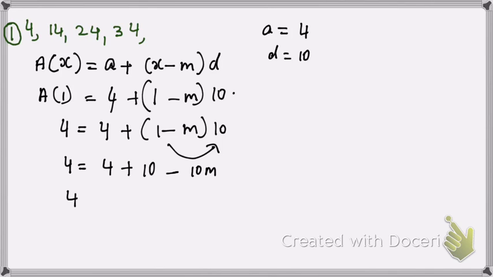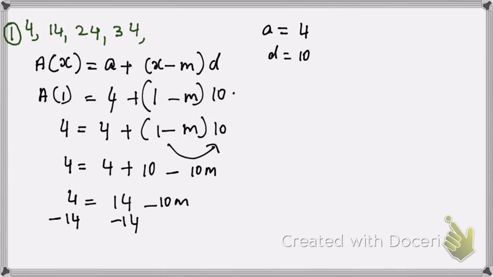So that is 4 equals 14 minus 10m. Yeah, so you divide both sides with 14, you'll get 4 by 14. Actually, no, not dividing both sides with 14. Actually, subtracting 14 from both sides. That's what I'm doing here.